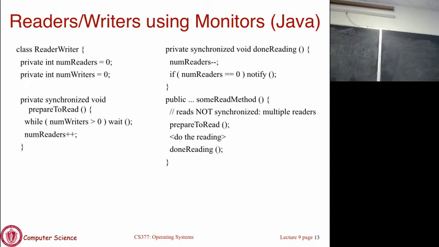So we're going to call prepare to read, and while there is at least one writer running, we're going to wait. Remember, here we're again using a condition variable. And then once the writers are all finished, we're going to increment the number of readers, do the reading, and once you're done reading, decrement the number of readers, and if readers are 0, you're going to call notify, which basically means that either a reader or a writer can now start executing.